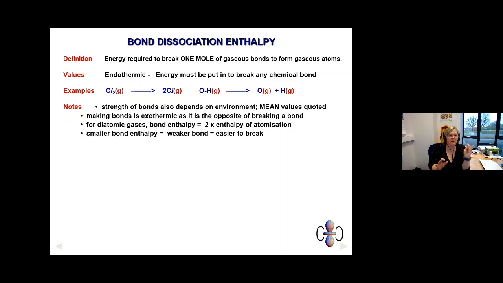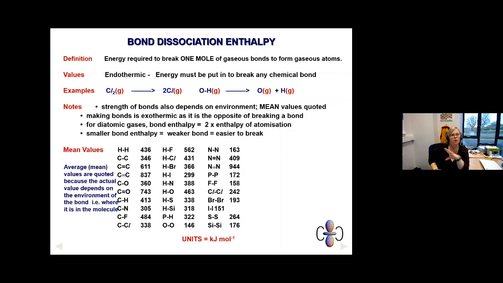So that's the strength of the bond. The energy needed to break a bond is exactly the same as the energy required to reform it. So the bond energy or bond enthalpy is the same whether it's being broken or made. That's very, very central to how these calculations work.